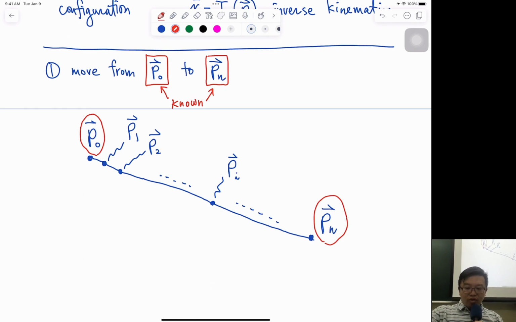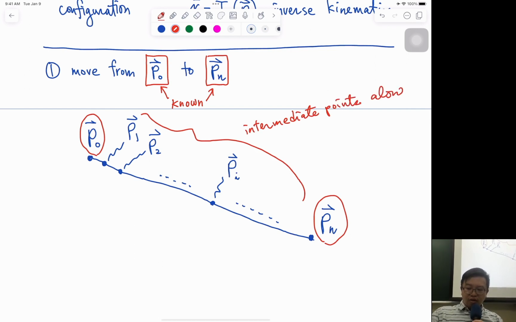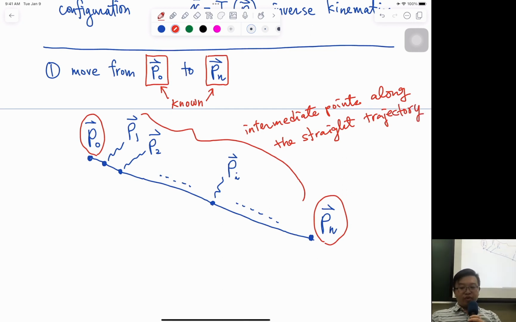So those points in the middle, I can call them intermediate points along the straight trajectory, and they can be computed very easily, right? Once you have them, what do you do next?